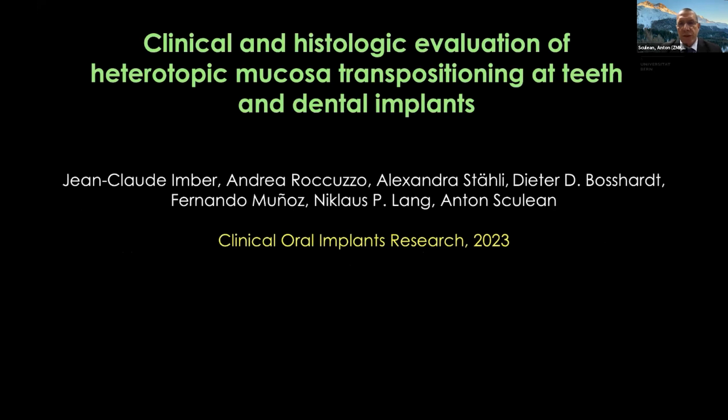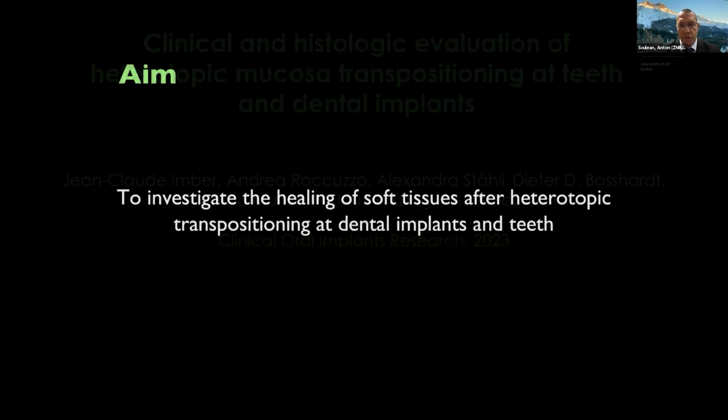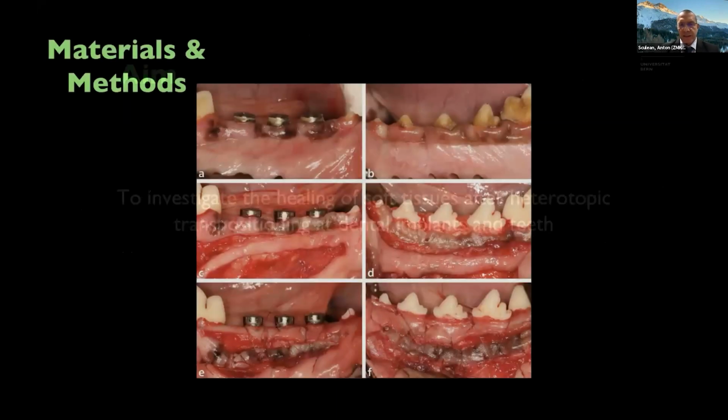So what happens if we change the position of the keratinized tissue with the non-keratinized tissue at implants and at teeth? This was the second experiment that was performed. And in this experiment, again, implants were accommodated, and then the keratinized tissue around teeth and implants was prepared as a split thickness flap and full thickness flap.